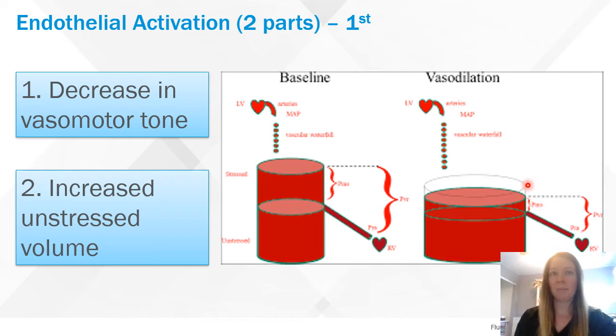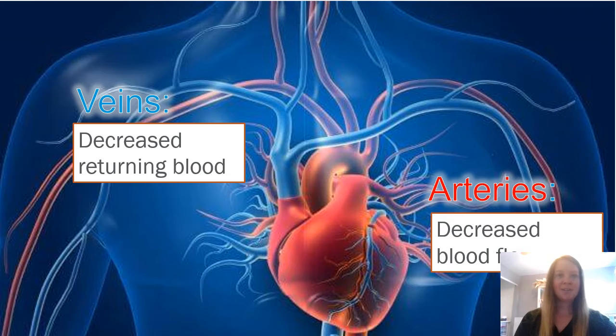Essentially, the body's response decreased the amount of blood that is able to contribute to blood flow and perfusion, which is the main reason why we start seeing a lot of issues with our septic patients. So what does this look like in the cardiovascular system?